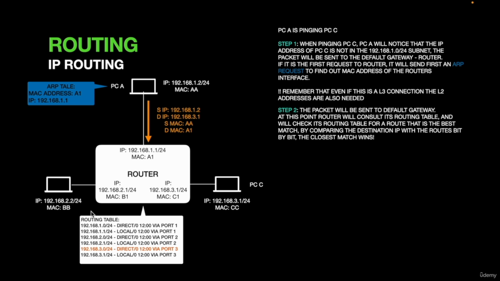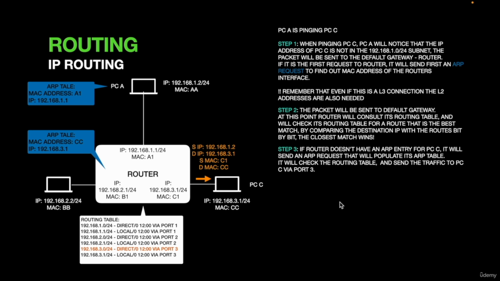The best match will win the election. So in this case, it found that this is the best match, and the traffic should leave via port 3, which is this one. Okay, so the router routed the packet to PCC.